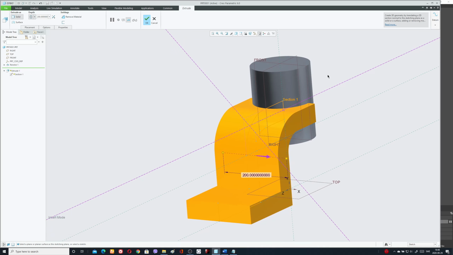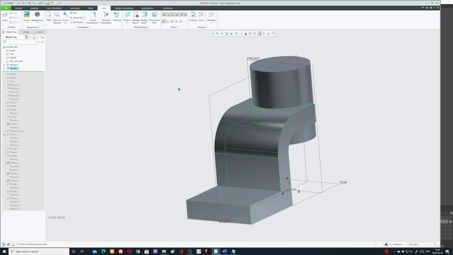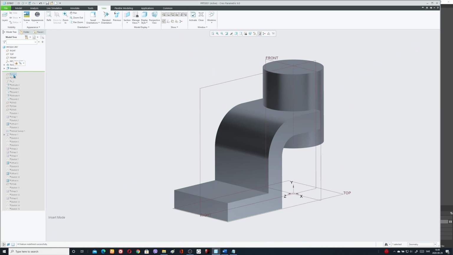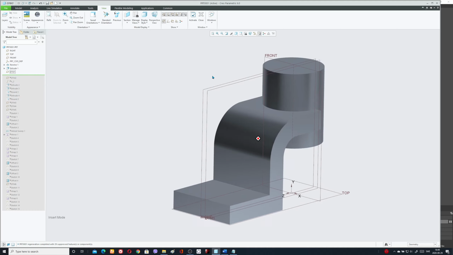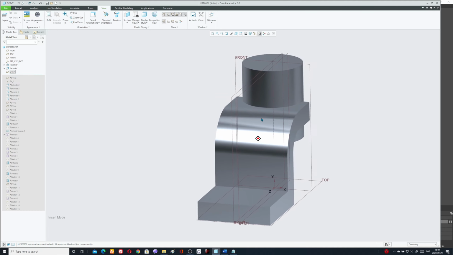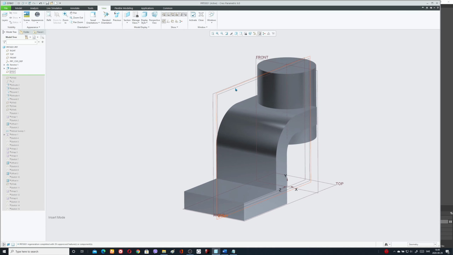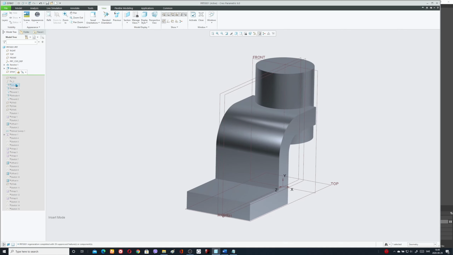And then after that, I inserted one plane here. And I'd like to make one thickness for another feature, which comes now. Insert here.